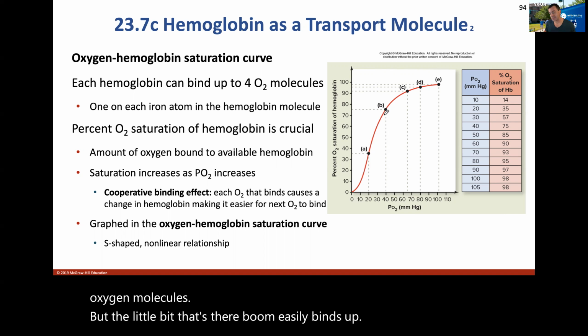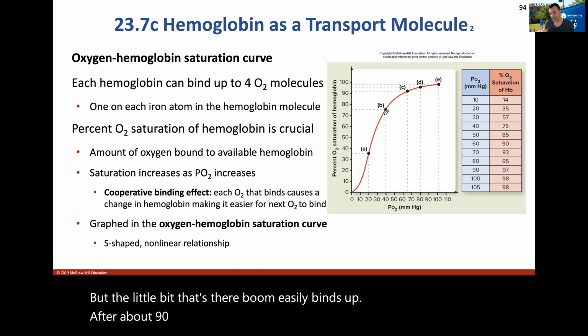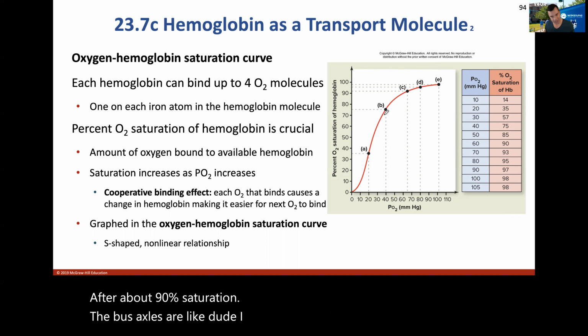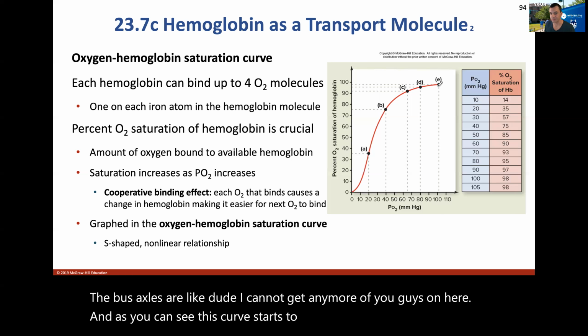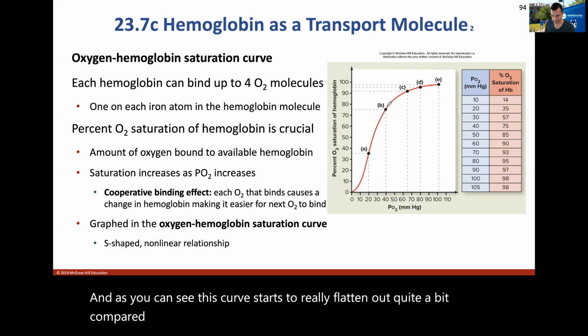After about 90% saturation, the bus axles are like, dude, I cannot get any more of you guys on here. And as you can see, this curve starts to really flatten out quite a bit compared to what it did here at the beginning.